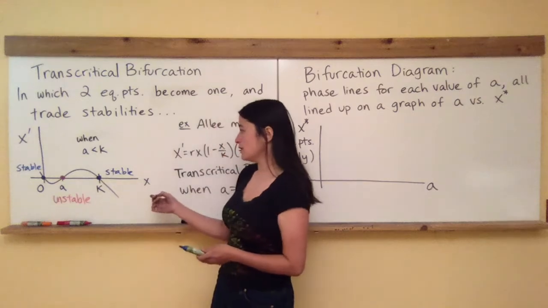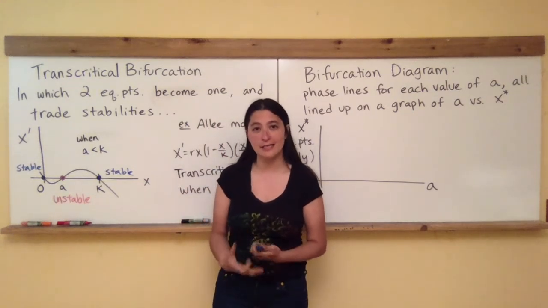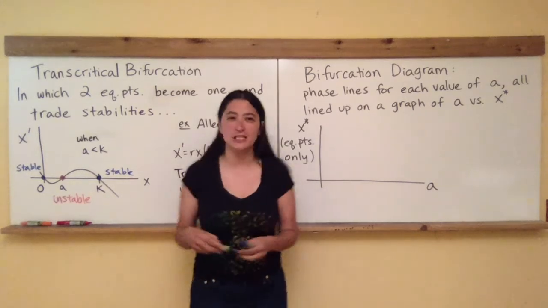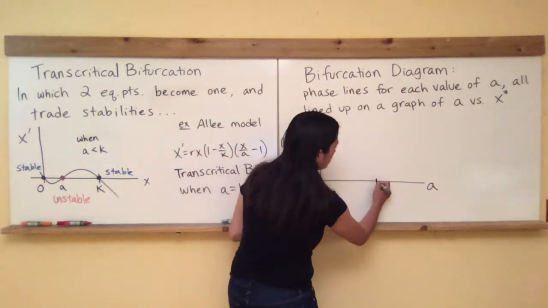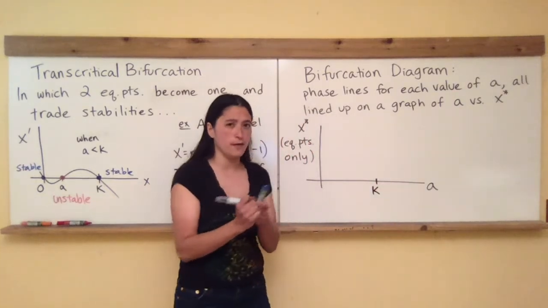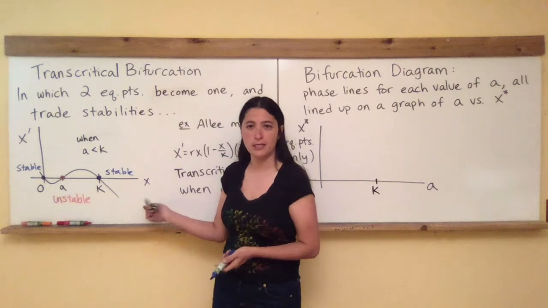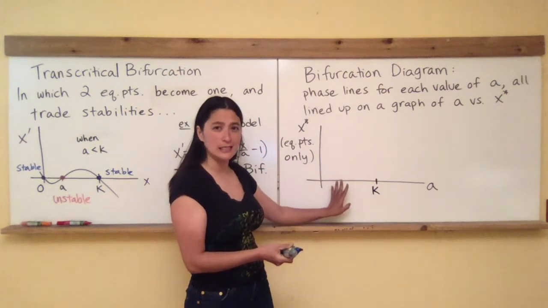So since I'm starting right here with some sort of situation where A is less than K, to get myself situated on the bifurcation diagram, I'm just going to tick mark off the place where A would be equal to K, okay, so that I know that for the phase line I'm going to describe here, I'm going to be in this area over here where A is less than K, okay.